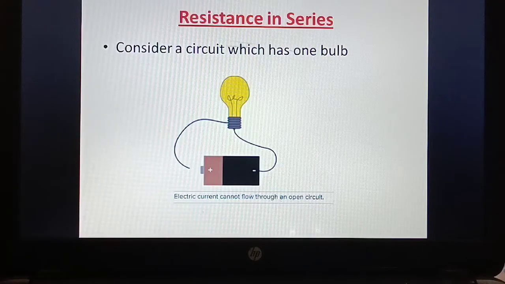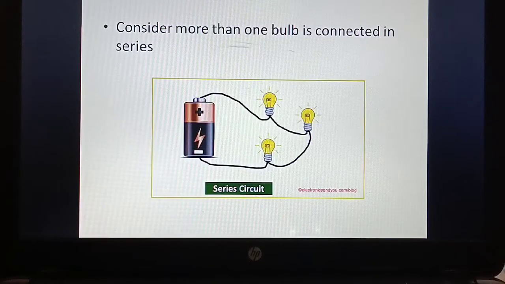Now my question is, in the same circuit, if I fix 3 bulbs in series, what happens to the brightness of each bulb? I've fixed 3 bulbs in a circuit. So what happens to the brightness of each bulb?